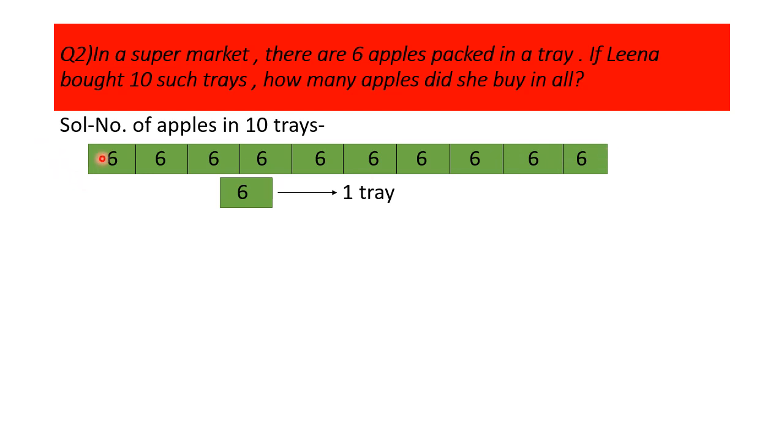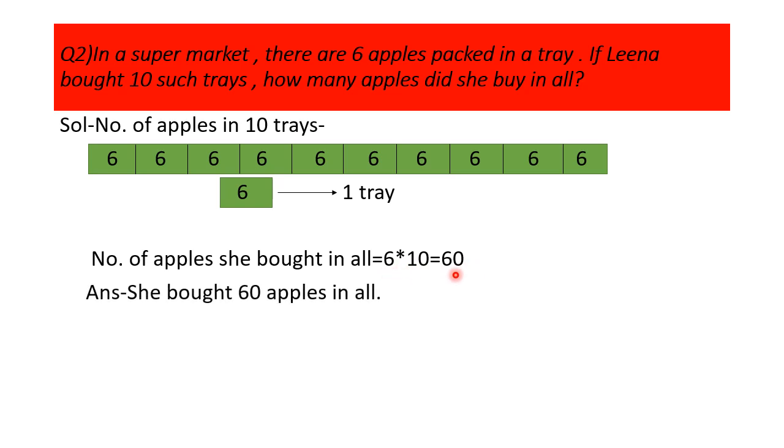What you can do, you can add 6 ten times, or you can simply multiply 10 by 6, right? Further we need to write the number of apples she bought in all. I have simply multiplied 6 by 10, so the answer will be 60. So the answer is she bought 60 apples in all, right children?